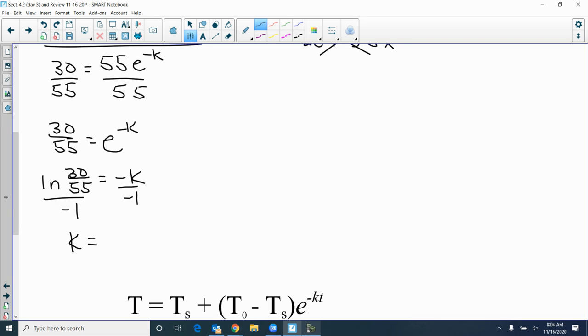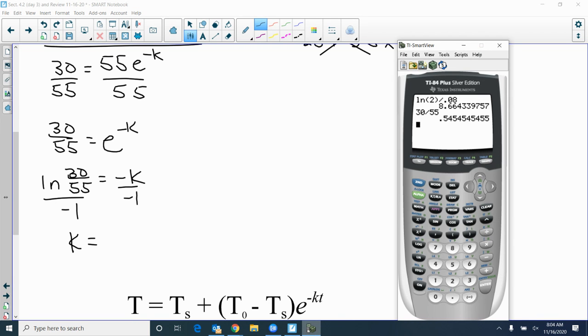All right, for this, I'll have pretty clear directions on the quiz. Round your K value to 6 decimal places. Because if we want this to be accurate, you either keep it in its exact form, or you could round to 6 decimal places. So ln of 30 divided by 55 is a negative. When I divide it by -1, whoops, what did I do wrong?